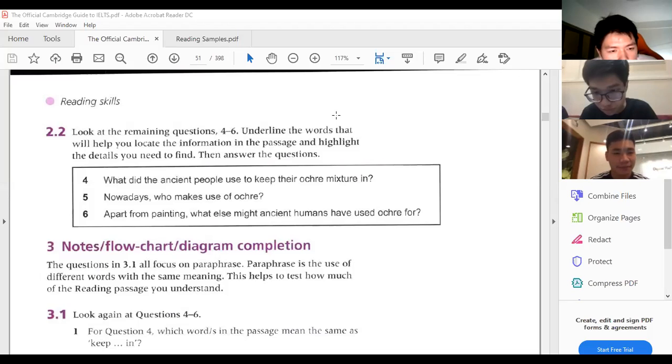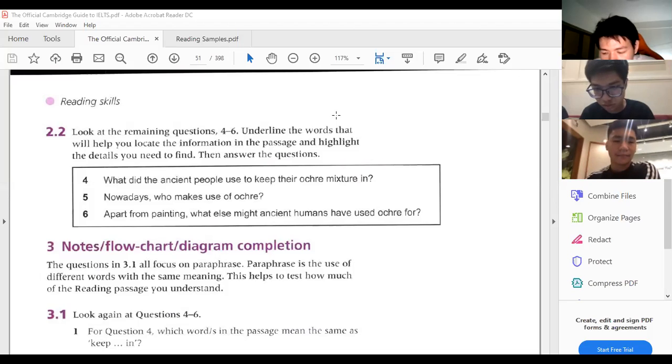The keyword is painting. And what else? Ancient people use ochre for. Okay, so you got the keywords.